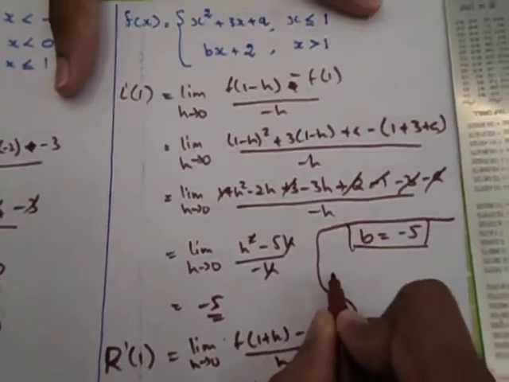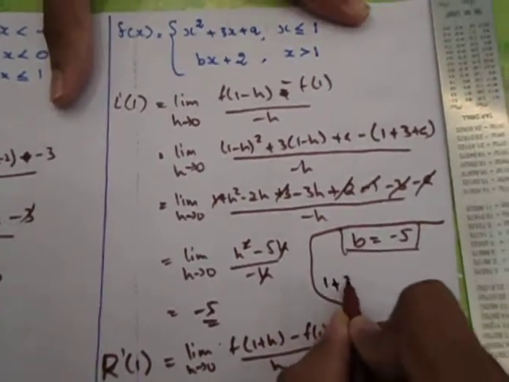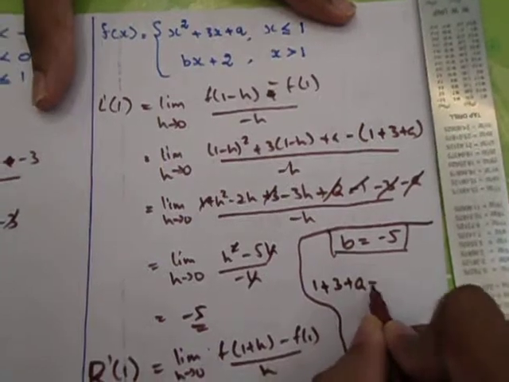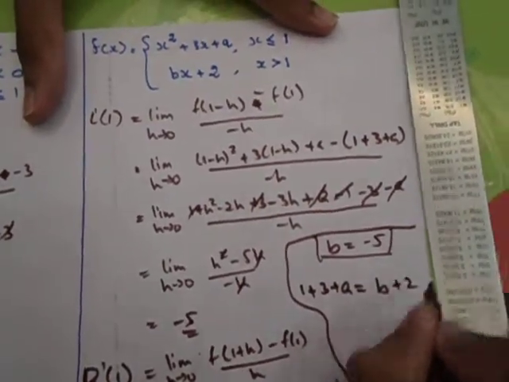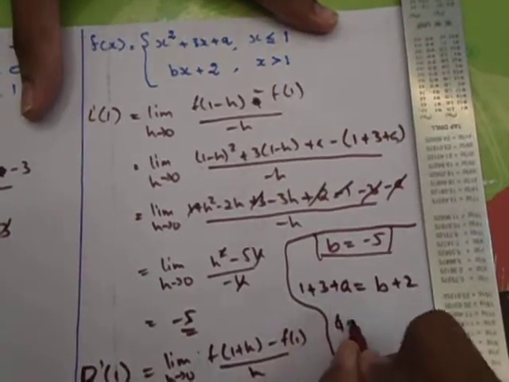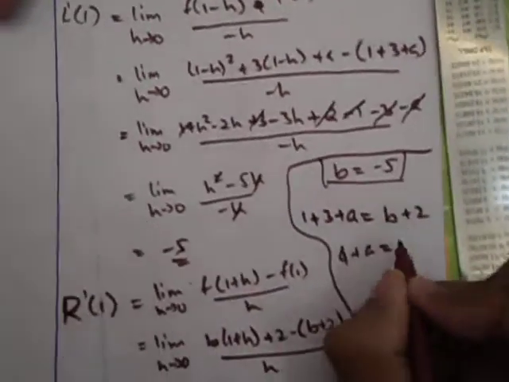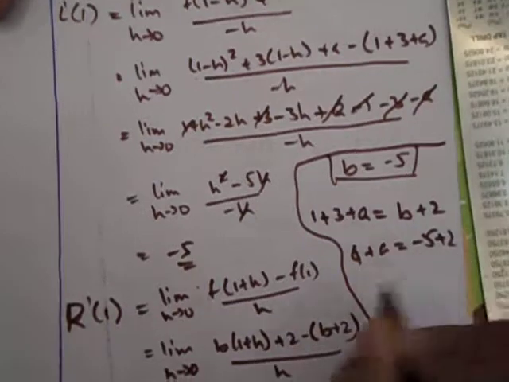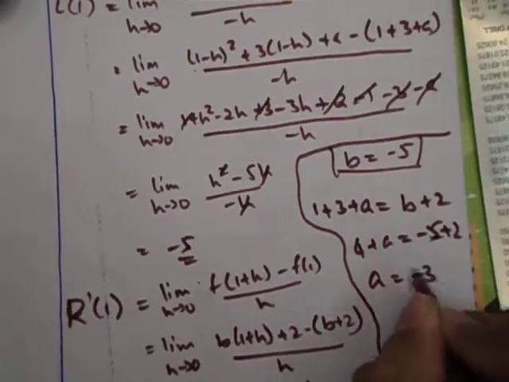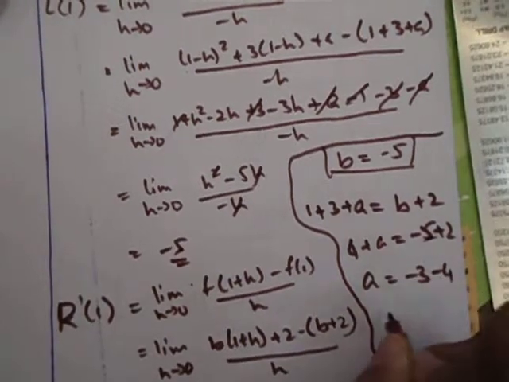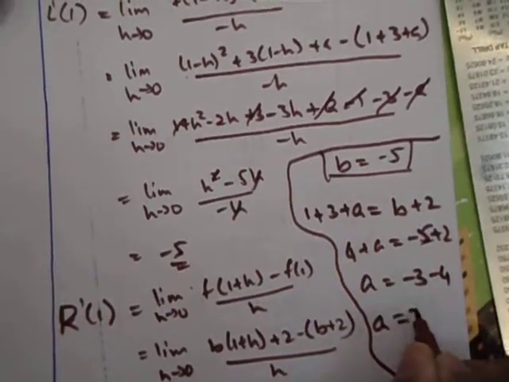We get 1 square is 1 plus 3 plus a is equal to, in this when we substitute 1, we get b plus 2. So this becomes 4 plus a is equal to b, which we got as minus 5, so minus 5 plus 2. So a is equal to minus 5 plus 2 is minus 3, and when we take 4 across, that's how we get minus 4. So a is equal to minus 7.